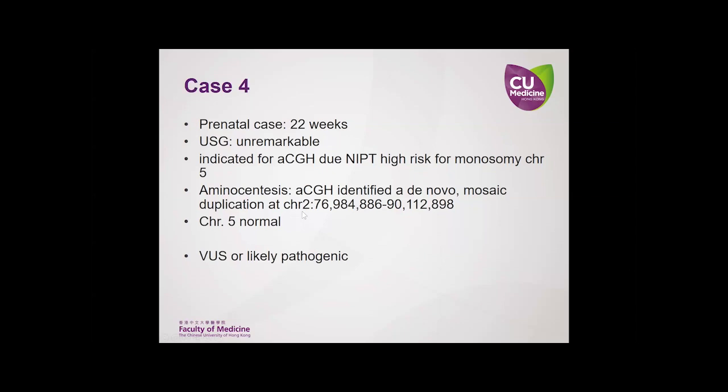And then secondly is the involvement of the genes, the segment of the chromosome which is involved, how many genes are there, what the gene functions are, and what the case series of the duplication at that area are. For this case, how will the patient present, and then it's the interpretation of the variant that we have found, whether it is disease causing or whether it is a VUS. And for a VUS, we need to take in further considerations.